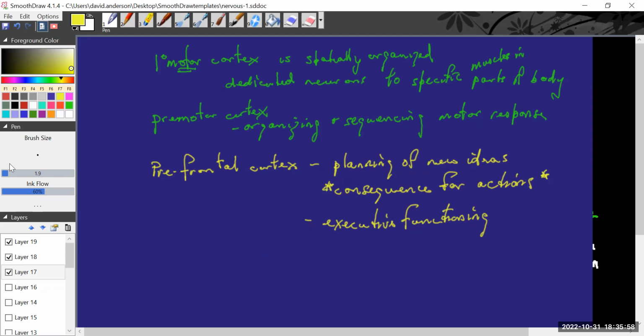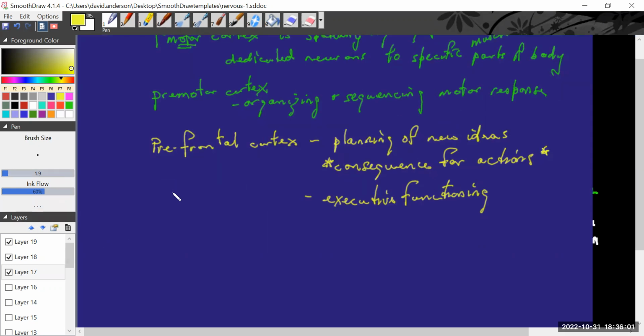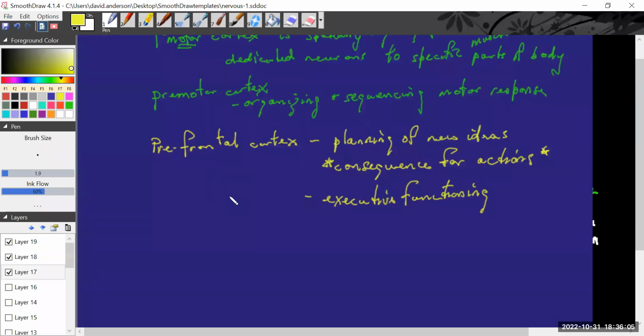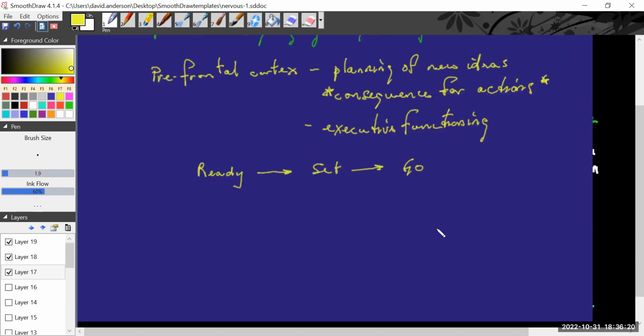But with respect to motor, we can sort of look at these three components to planning a motor response as a ready, set, go. So when we're planning a motor response, we've got to get ready, then we've got to get set, and then we've got to go. So in the cerebral cortex, the prefrontal is where we get ready.